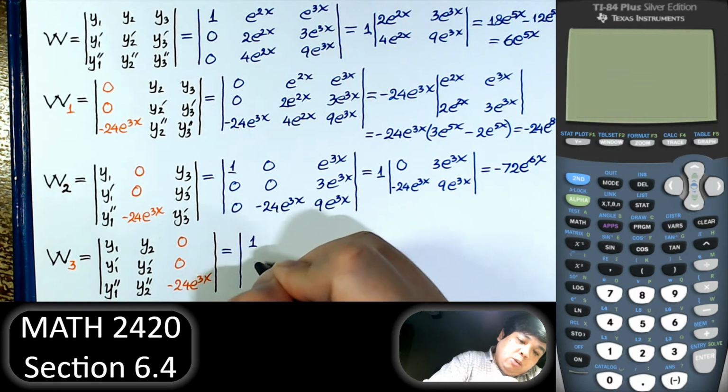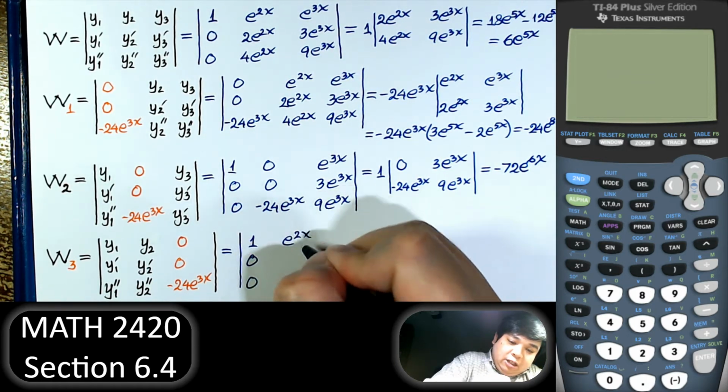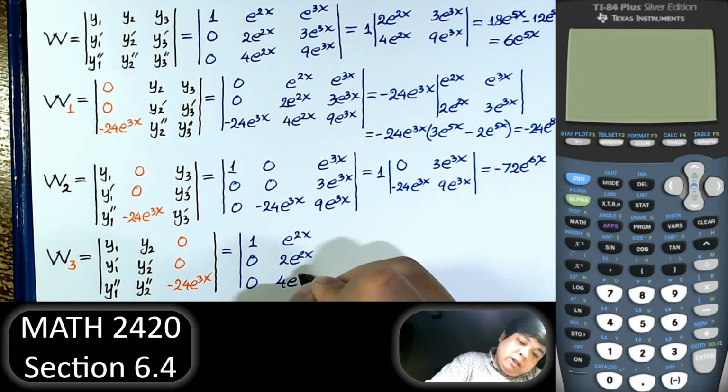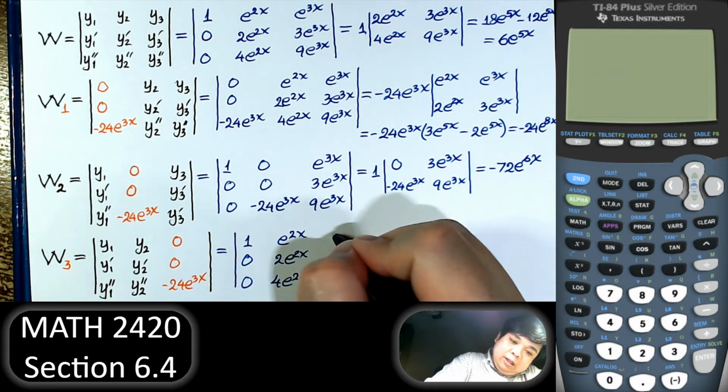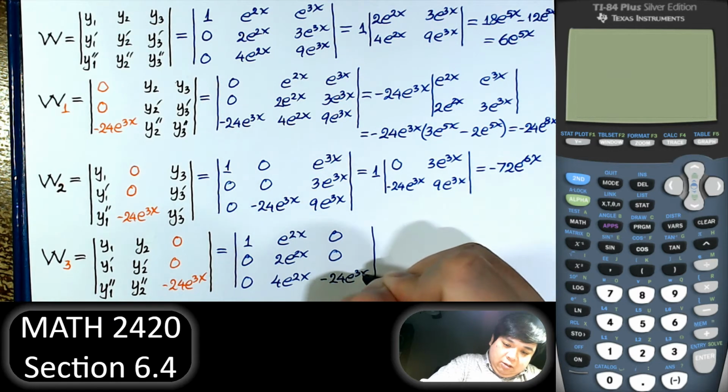Right, 1, 0, 0, e^(2x), 2e^(2x), 4e^(2x), 0, 0, negative 24e^(3x).